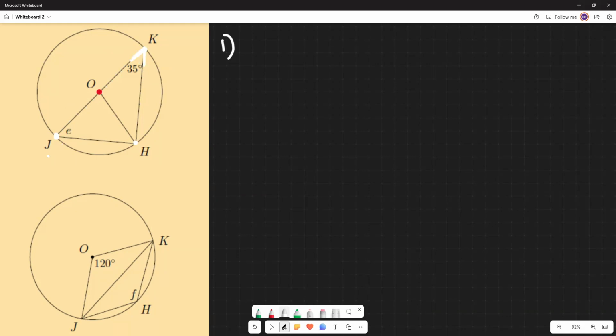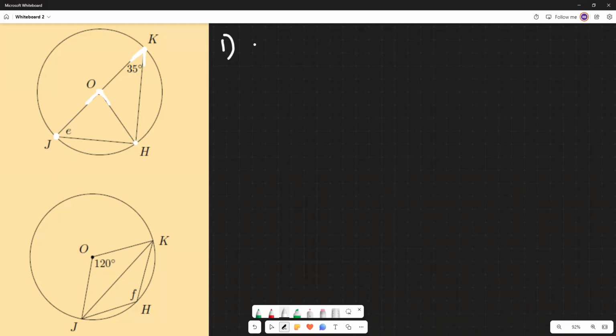So JH subtends K. And then I'm going to look for other angles that are subtended by this. You can see that you have JO here, and then you have OH this side. So this angle is also subtended by J and H. And the good thing is this one is at the center.